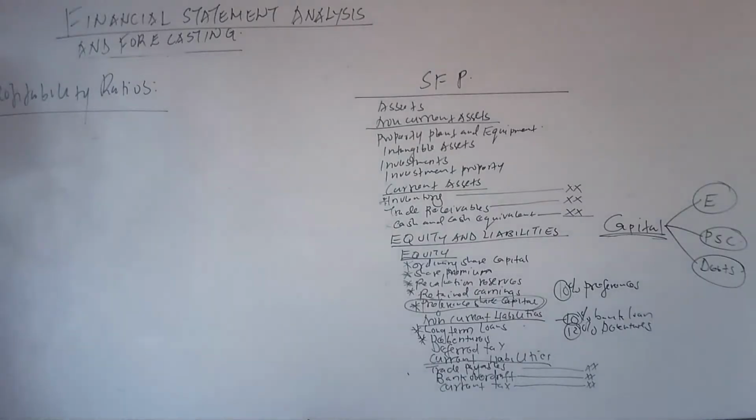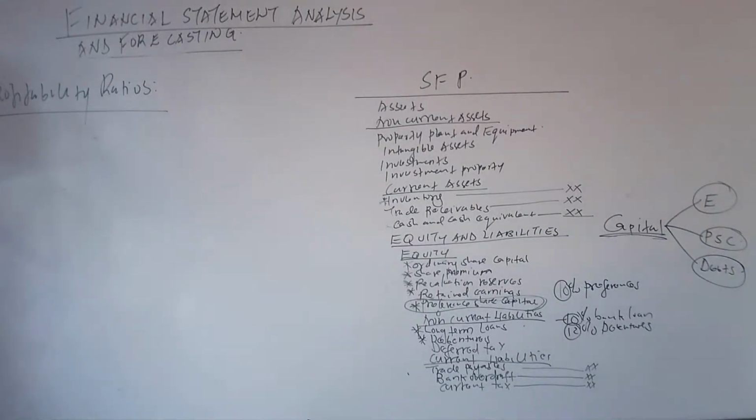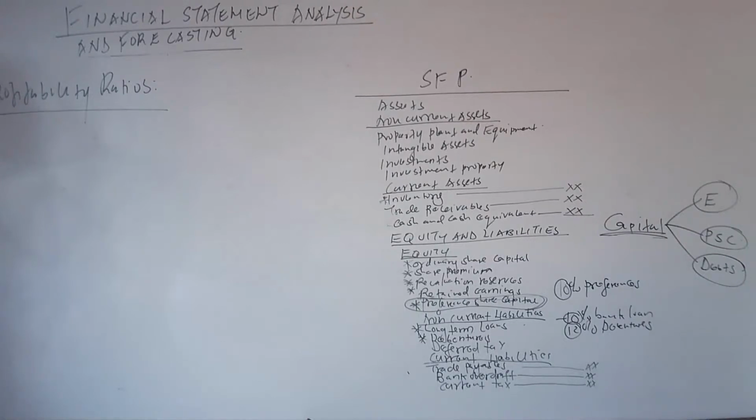These ratios indicate the ability of the company to generate returns in relation to investments and sales.